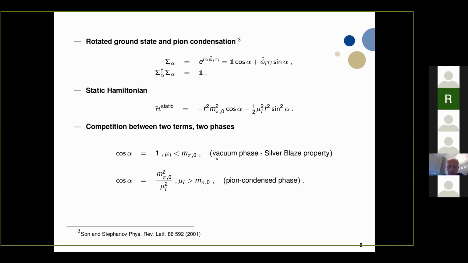One thing to note is that the vacuum phase that extends all the way up to mu I equals m pi is such that all quantities are independent of mu I. That property is called the Silver Blaze property. So it's not just that the vacuum is a single point along this line, it's really an interval. I'll come back to the Silver Blaze property when I look at the phase diagram of 3 flavors.